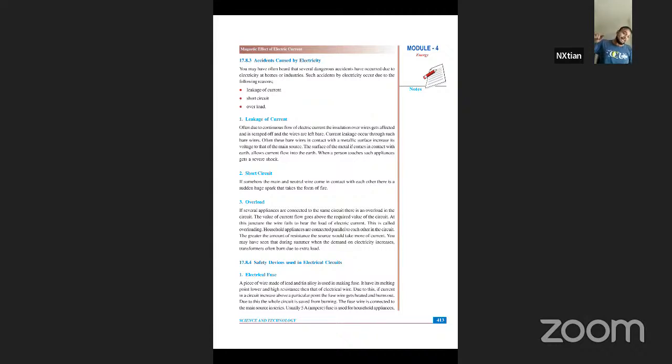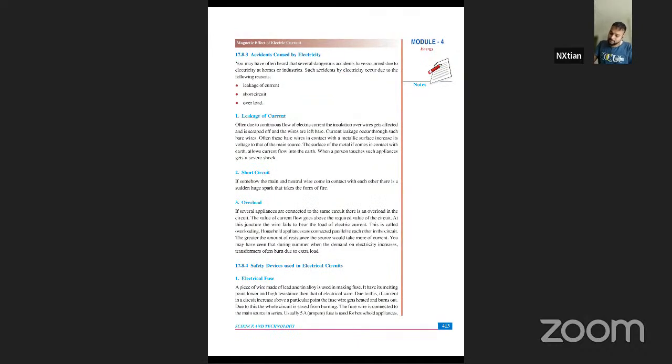Why is it so? Because there might be a chance that the series of lights has a cut. What do you mean by cut? For example, if this is a naked wire, like the copper wire which we saw, there is an insulation. I'll make the square insulation, in this color.